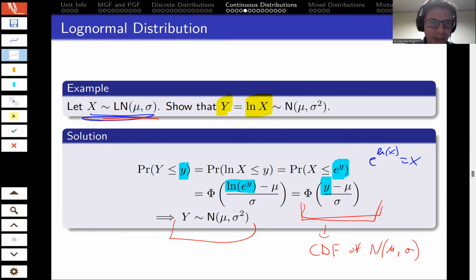Again, if x is a log normal, ln of x is a normal.